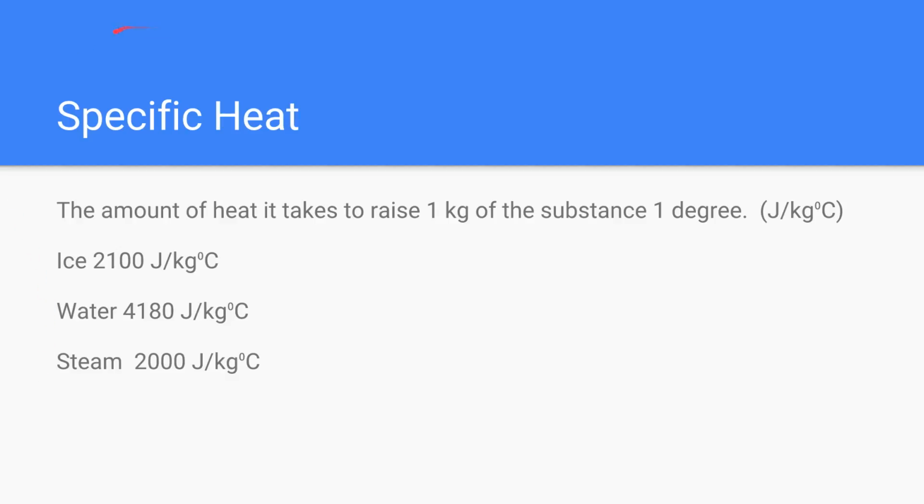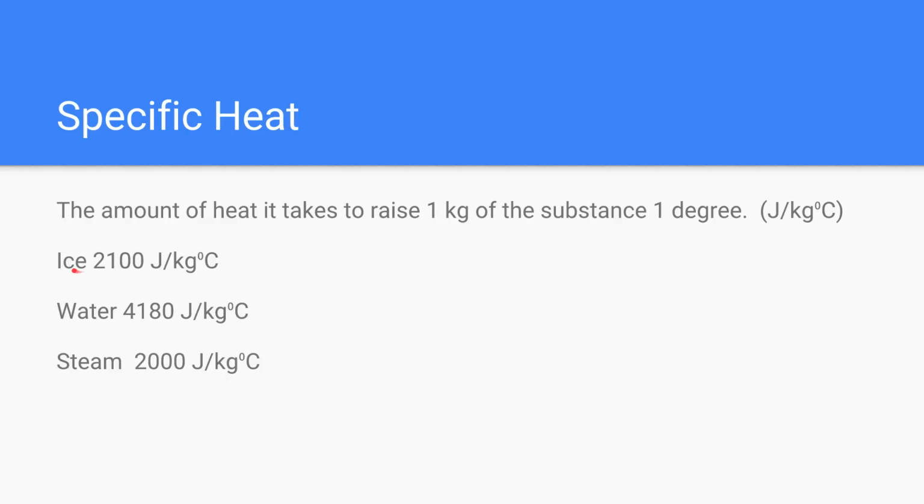Specific heat, as I mentioned before, is the amount of heat it takes to raise 1 kilogram of a substance 1 degree, and has the following unit at the end: joules per kilogram degrees Celsius.